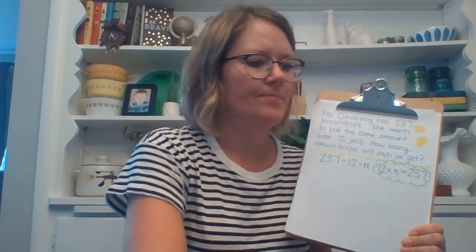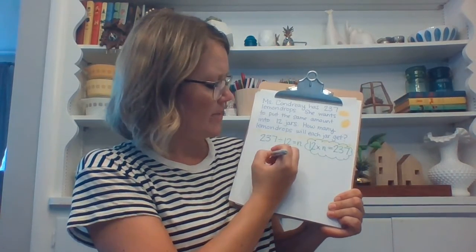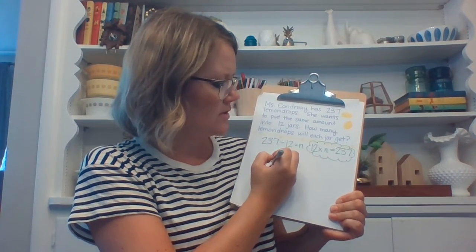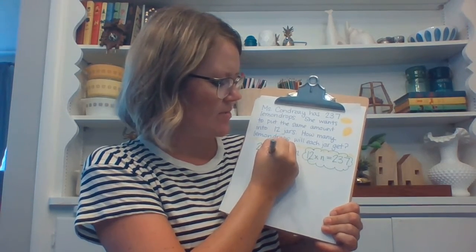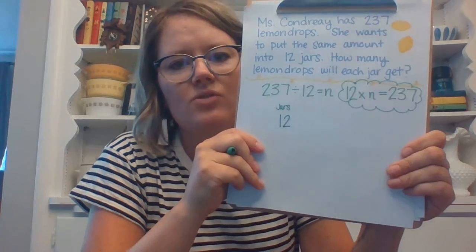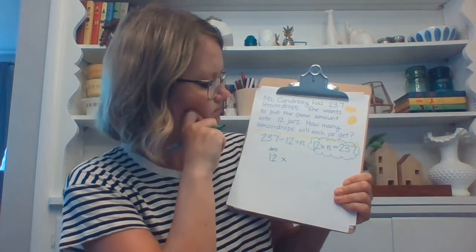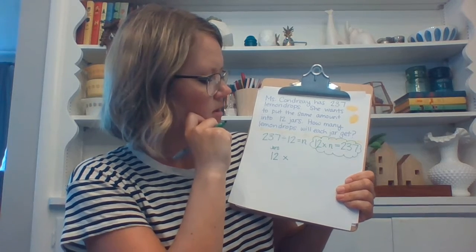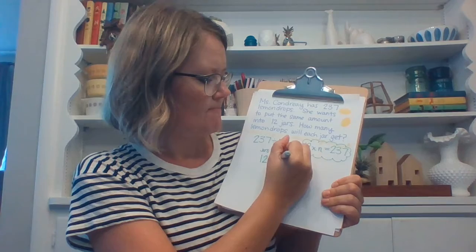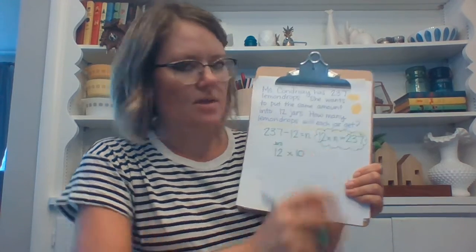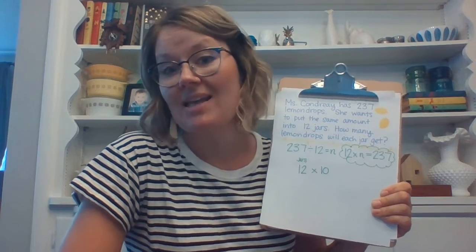I'm going to start by doing 12 jars. I'm going to label jars. I want to remember the story context. So 12 jars, and I'm going to put 10 lemon drops in each of them to start, because 10 is a friendly number and it gets me close.